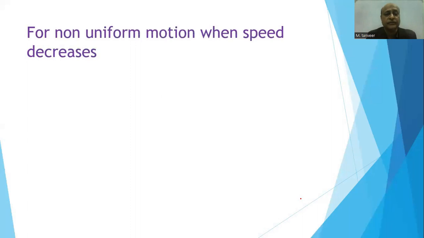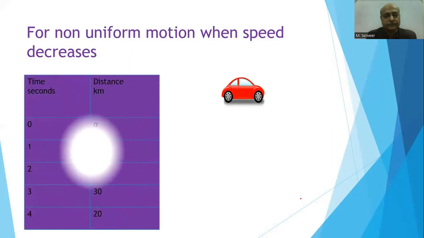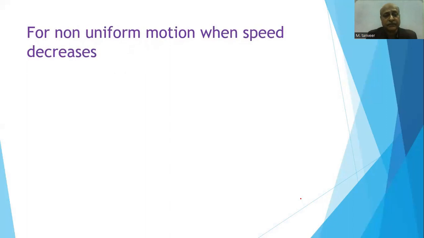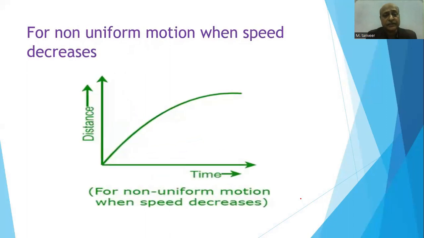For non-uniform speed motion, when speed is decreasing, that was increasing, now speed is decreasing, when the car is applying brakes. For a distance time graph, when speed is decreasing, the graph will be in this shape.